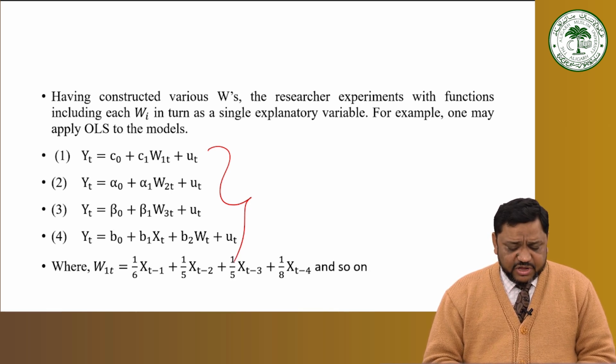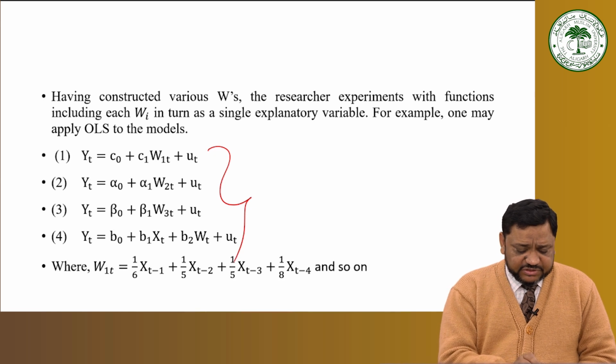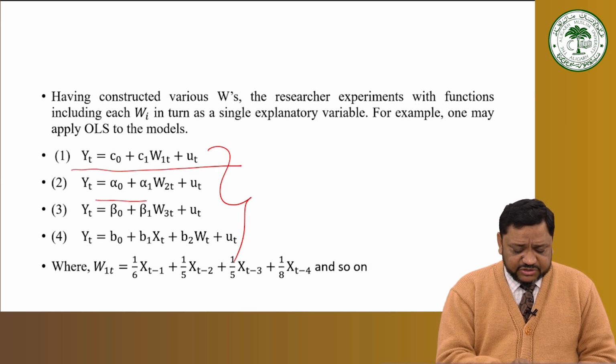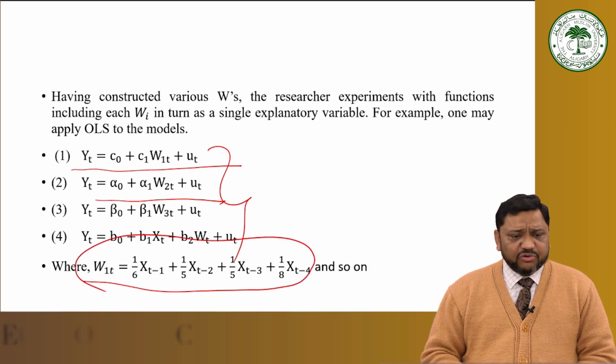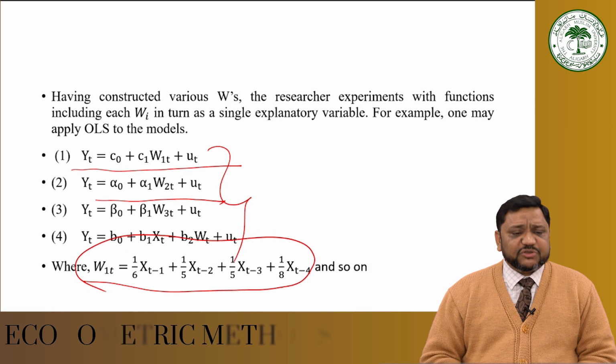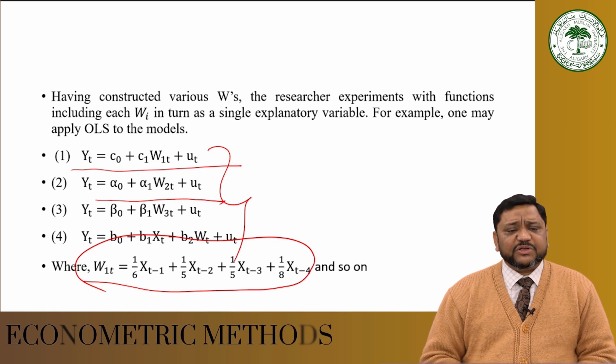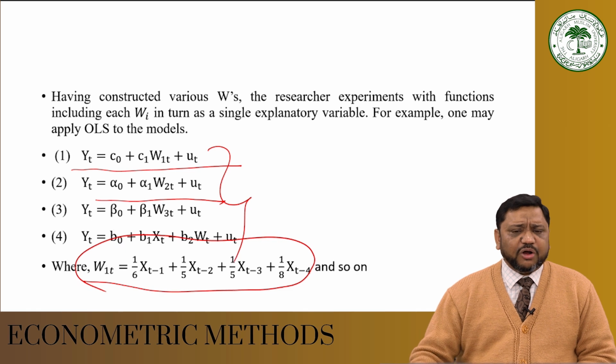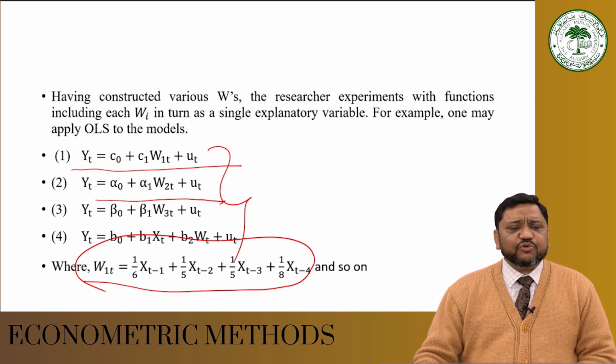So finally we have something like this: W1T is equal to 1 by 6 xt plus 1 by 6 xt minus 1 plus 1 by 5 xt minus 2 plus 1 by 5 xt minus 3 plus 1 by 8 xt minus 4 and so on. So these constitute your probable weights.